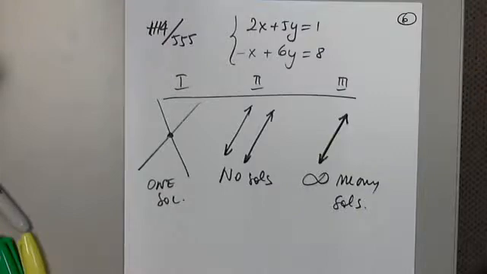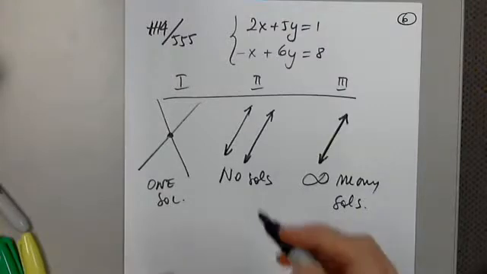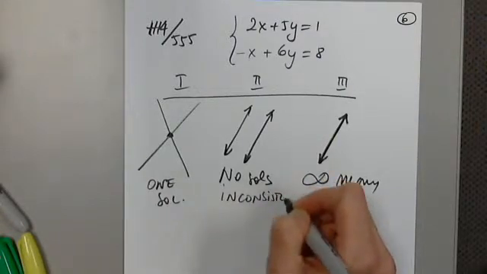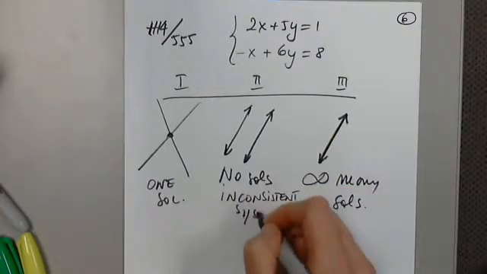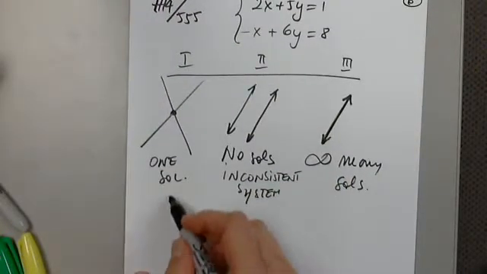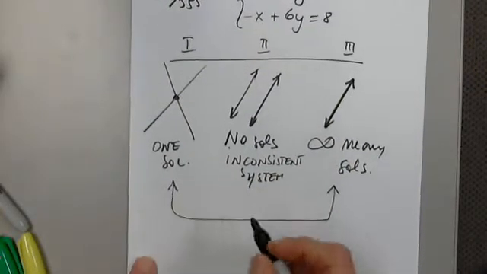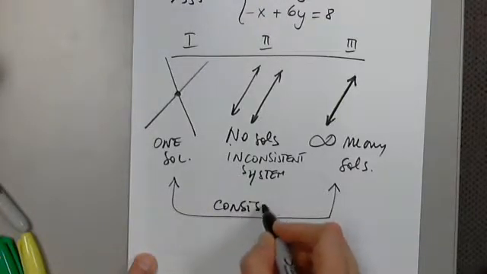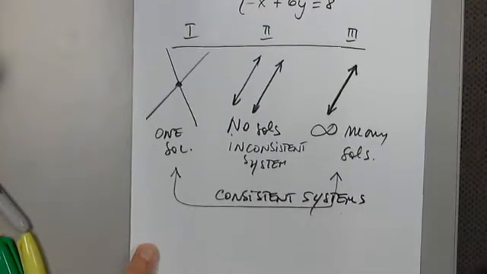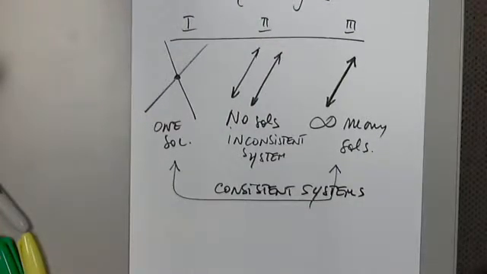Indeed, infinitely many solutions. The system with no solutions is called an inconsistent system because it has no solutions. These two have solutions, so they are called consistent.